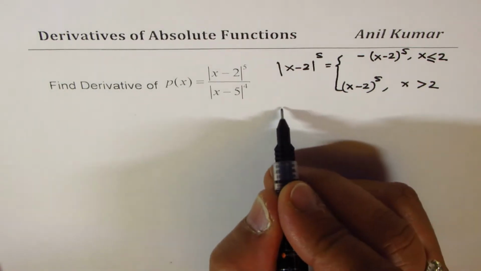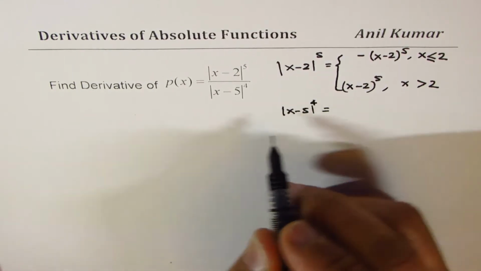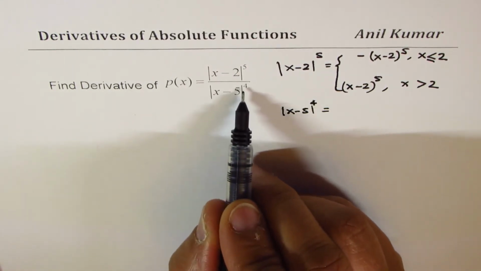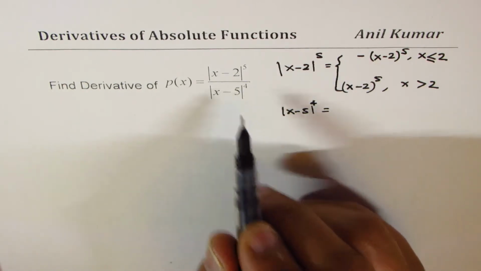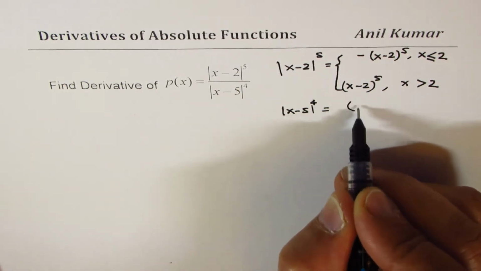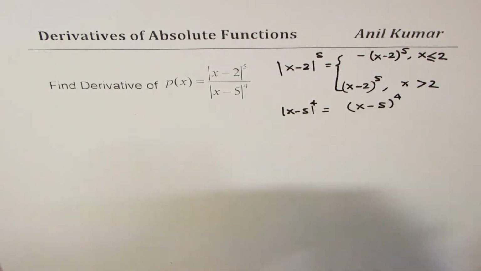As far as the absolute value of x minus 5 to the power of 4 is concerned, if I make it negative, since this power is 4, it is always going to be positive, right? So this function basically is (x minus 5) to the power of 4 for all values of x, right?